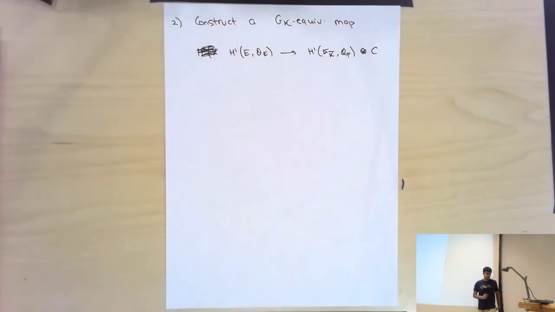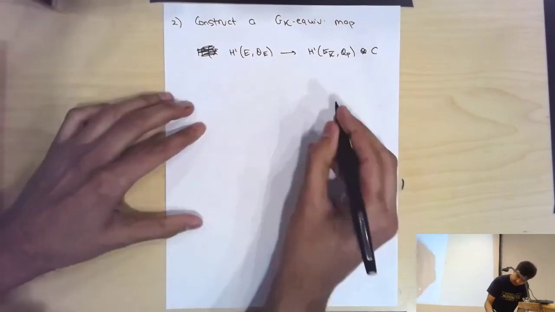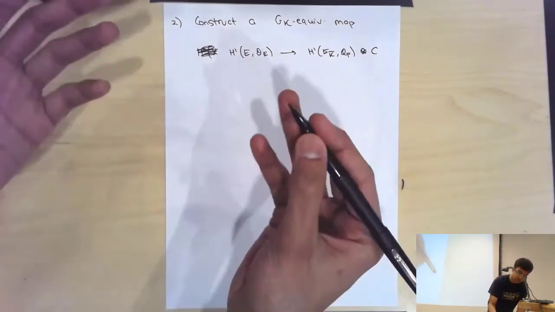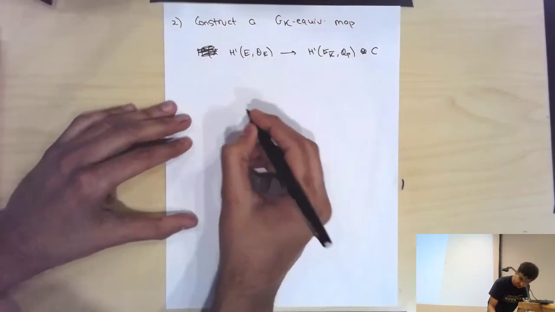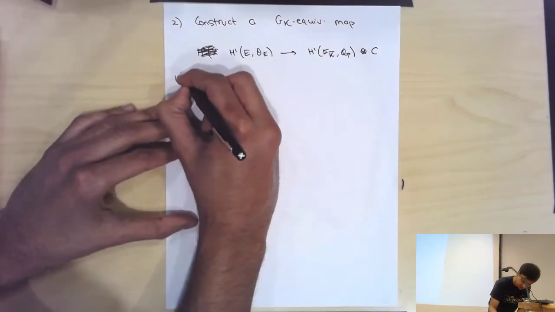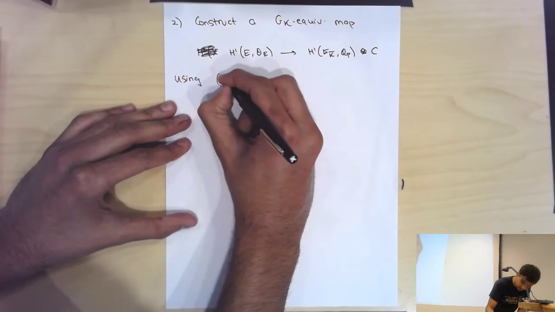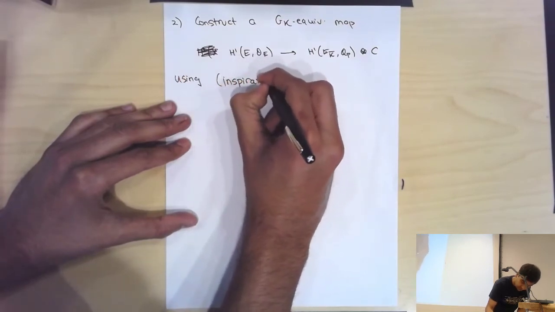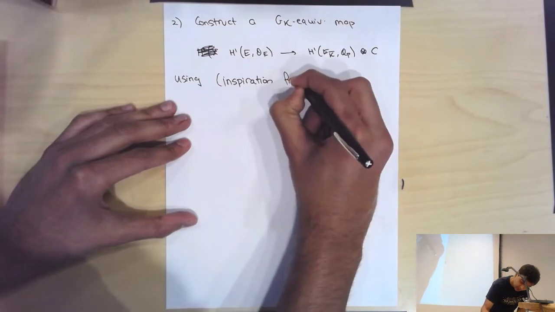So it's just a map like this. But this map is not going to use anything about the arithmetic; it is going to instead use the construction that eventually gives us the Hodge-Tate decomposition in general, using perfectoid spaces. But I will not seriously use them, so I'll just say using inspiration from perfectoid spaces.